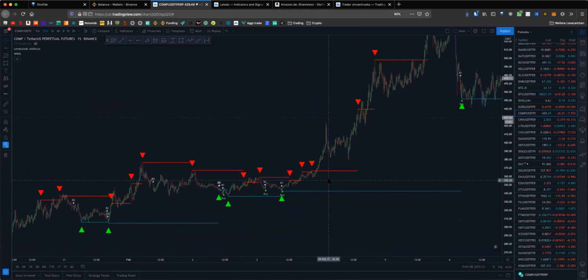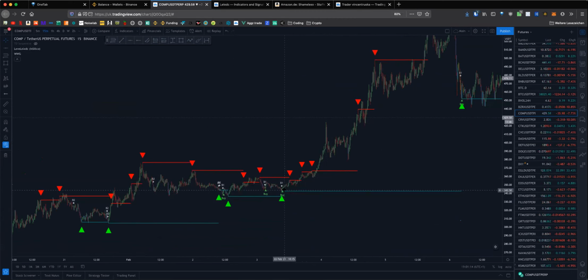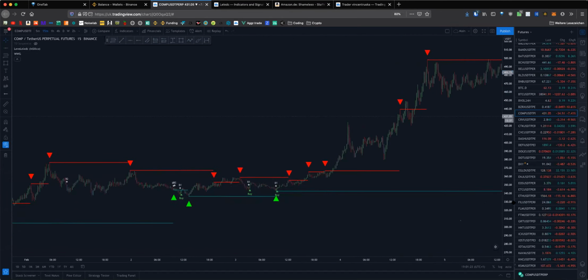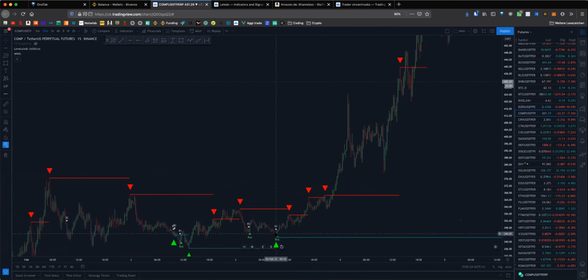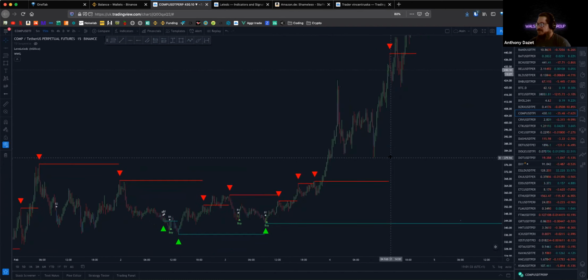You can also take partial profit. Yeah, exactly. Take 50% off and put the stop loss to break even if you think it can run further. For example, here, this one would be a perfect example, where the buy signal printed and you take profit here, maybe a little bit here, maybe here, and then leave a moon bag. That's exactly what I do, man. I do trail and stop.